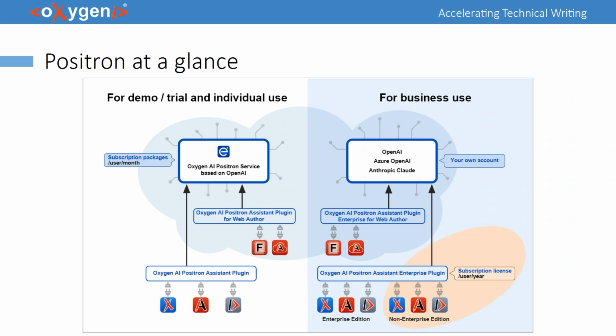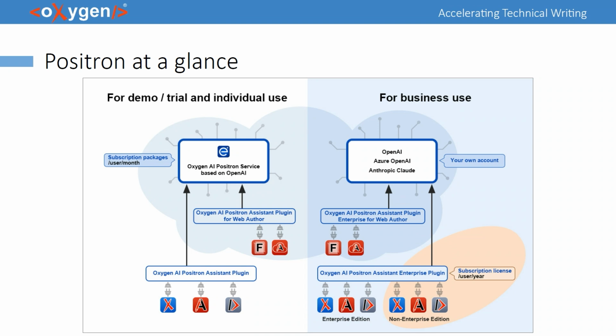Here, you can use it both in the web products and the standalone products. If you have a license for Content Fusion or Web Author, you simply install the add-on and you don't have to pay anything else. You just buy the license for Content Fusion or Web Author, install the add-on, and that's all.